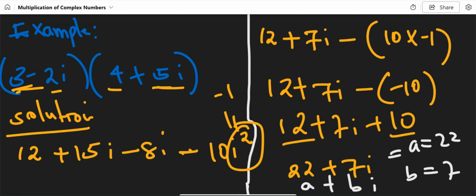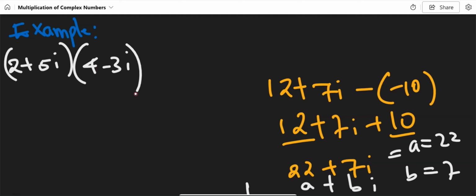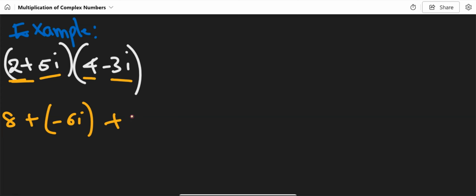Let's do another example. Let me do another example and say you've been given 2 plus 5i multiplied by 4 minus 3i. So how do you solve this? So 2 goes with 4, that is 8, plus 2 times negative 3i, so it's negative 6i, then plus 5i times 4, that is 20i, then 5i times negative 3i is minus 15i squared.